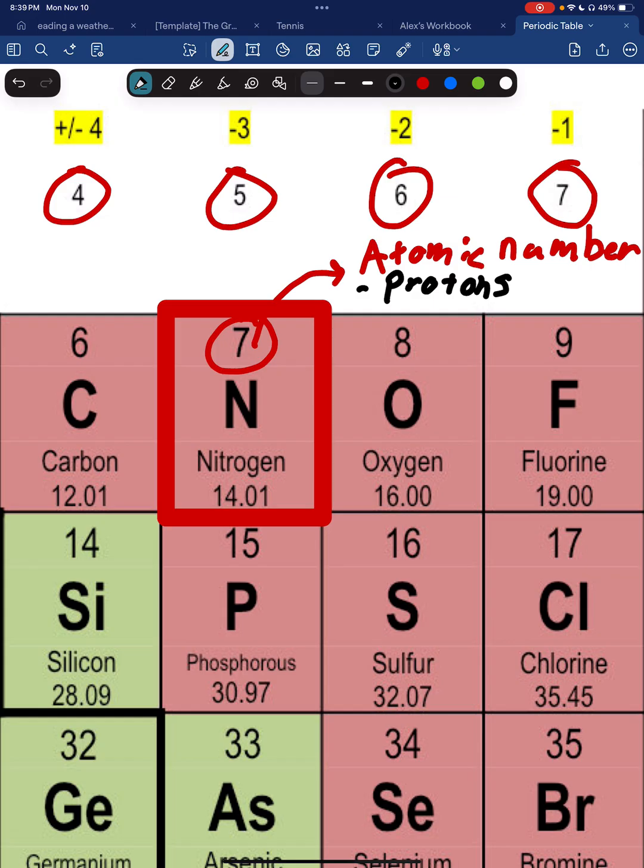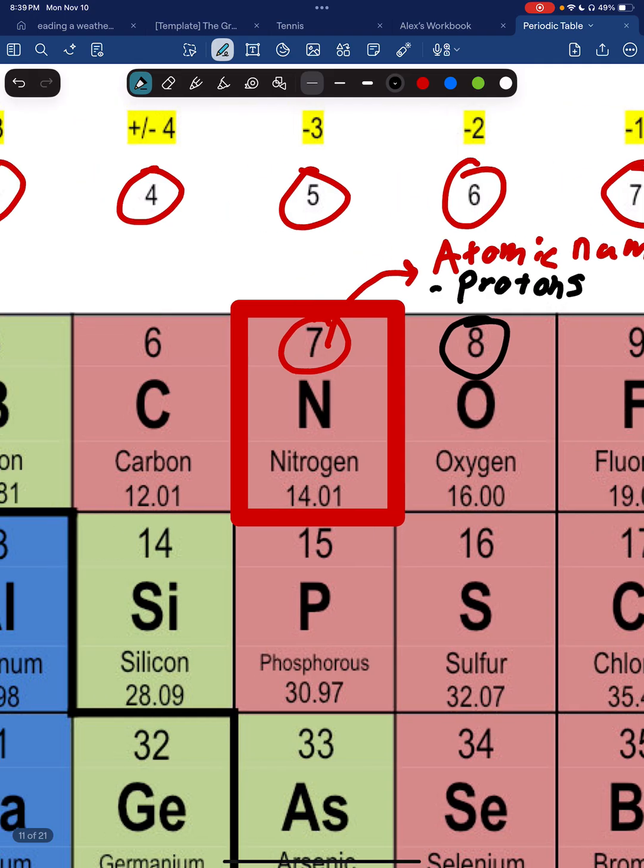If we were to add one proton, it would no longer be nitrogen, it would be oxygen instead. If we were to take away a proton from nitrogen, it would be considered carbon. So the number of protons tells you what the element is.